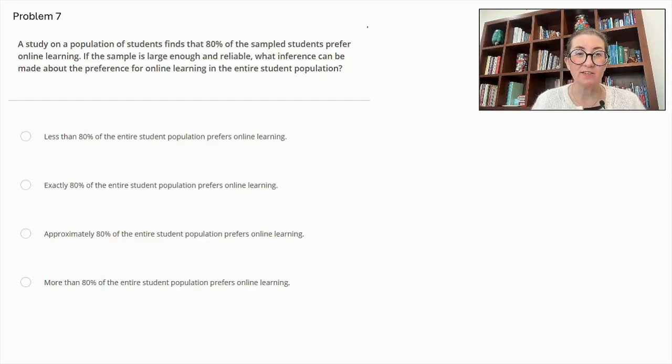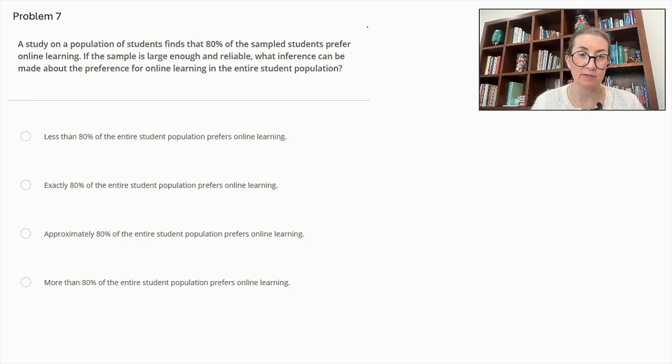Problem number 7. A study on population of students finds that 80% of the sampled students prefer online learning. If the sample is large enough and reliable, what inference can be made about the preference for online learning in the entire student population? Less than 80% of the entire student population prefers online learning.